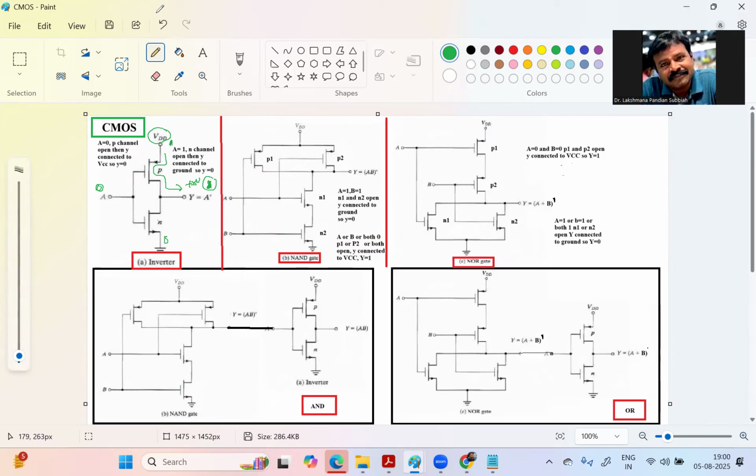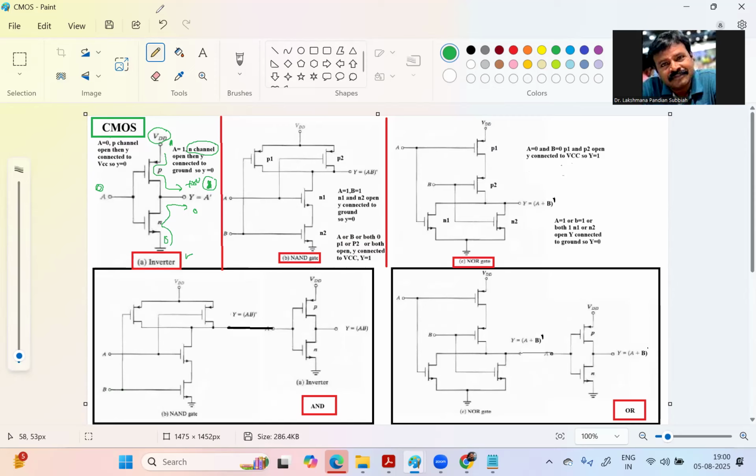Right? So in that inverter, what you have to write? We consider if A equals 1, the N channel is open, Y is connected to the ground, then we are getting 0.